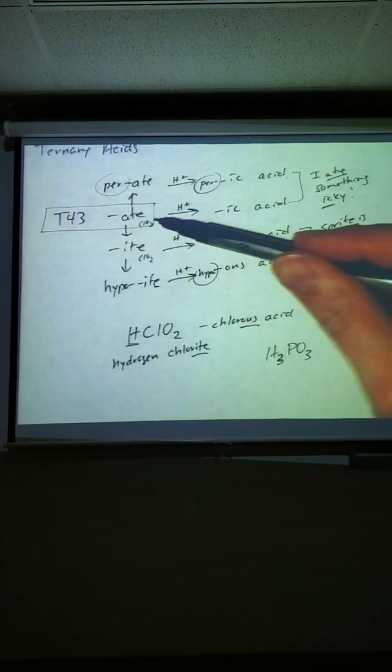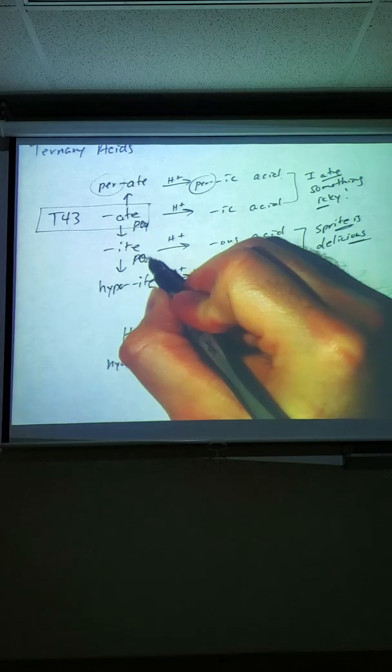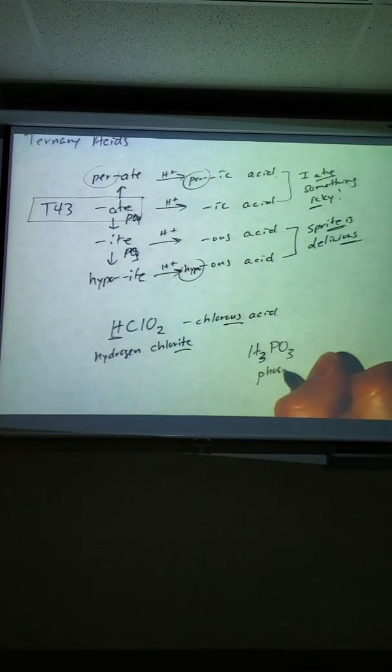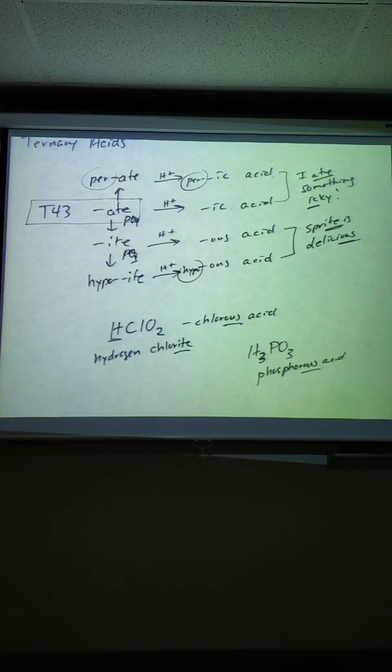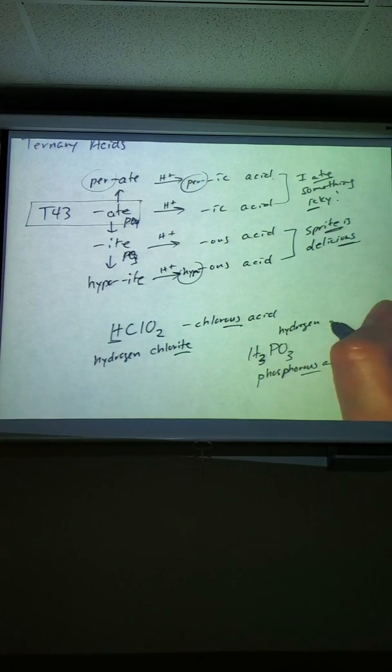So if the 4 box is PO4, PO3 must have dropped down. So this too would be phosphorous acid because it came from hydrogen ions, in this case 3 of them, and the phosphite ion.